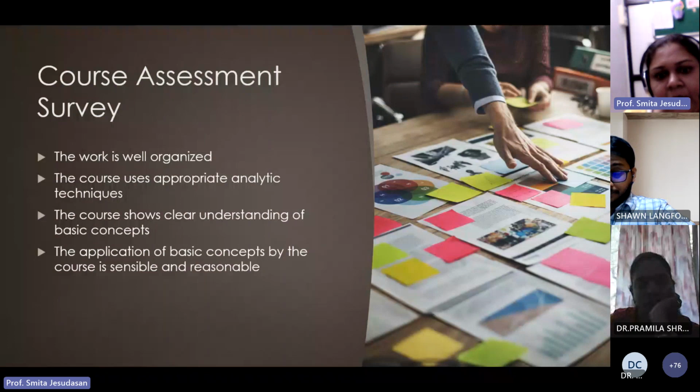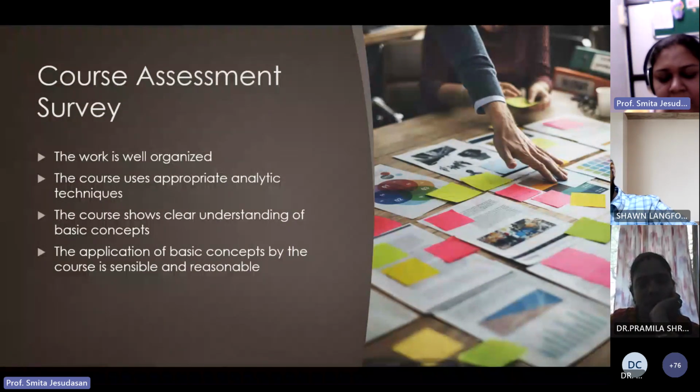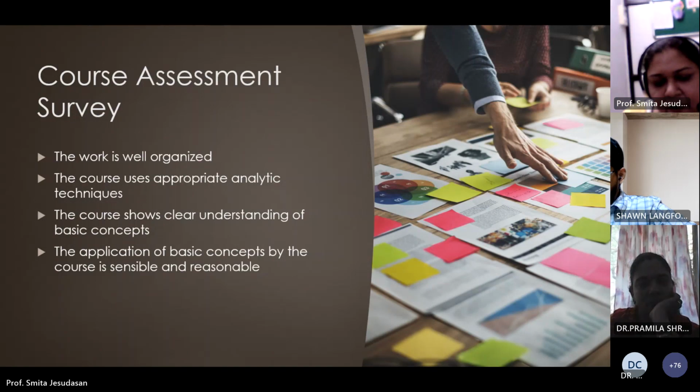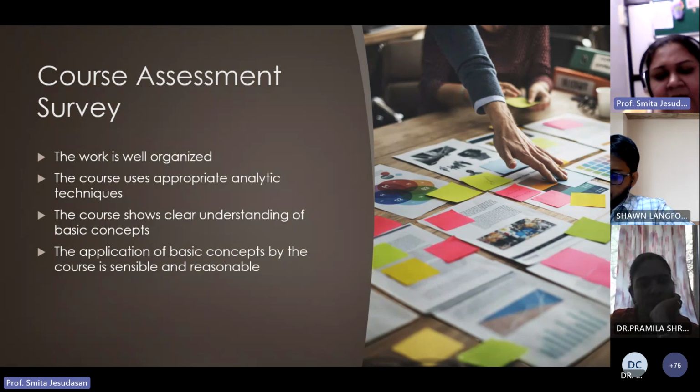Now, when we map course outcomes to program outcomes, COs to POs, we use the levels of relationship: low, moderate, high correlation. So this uses a 3-point scale. Similarly, for this course assessment survey, you can use a 3-point rating scale.